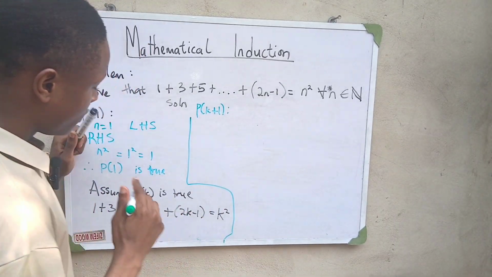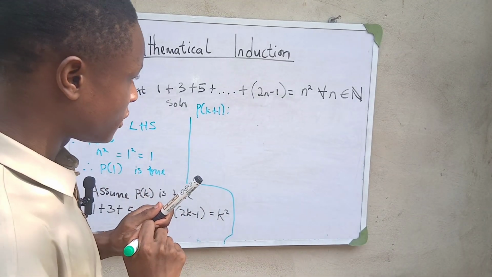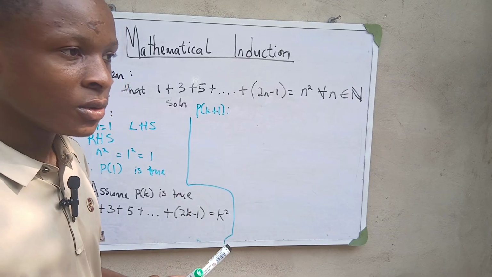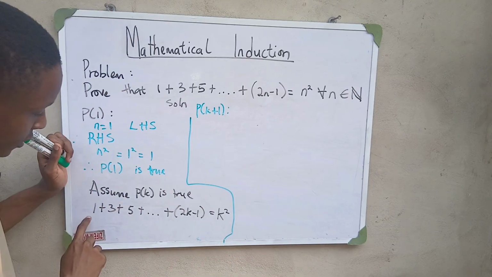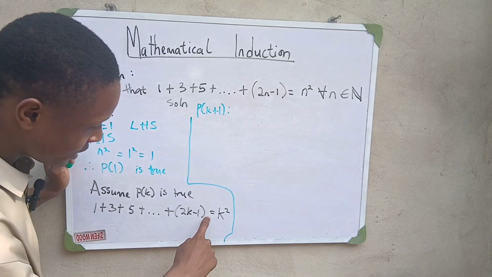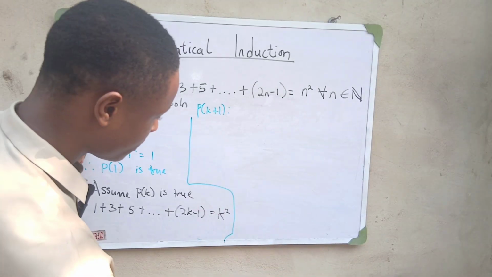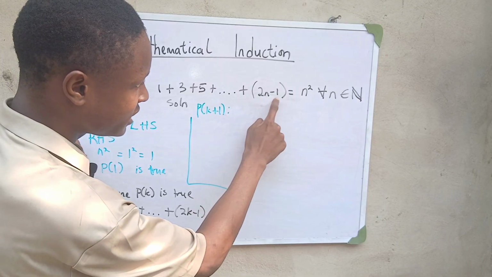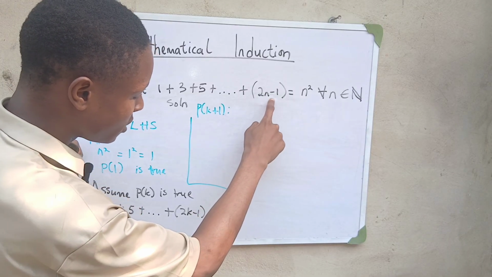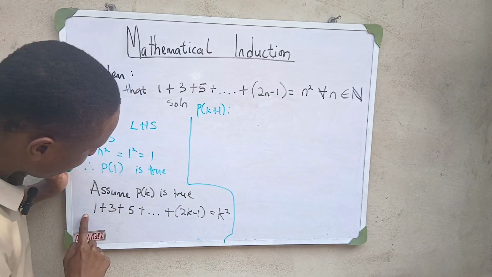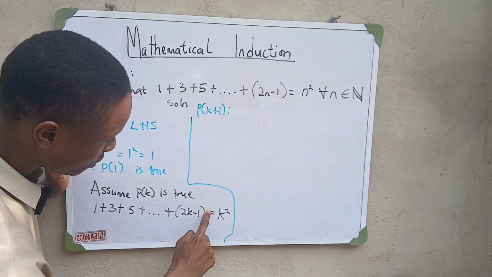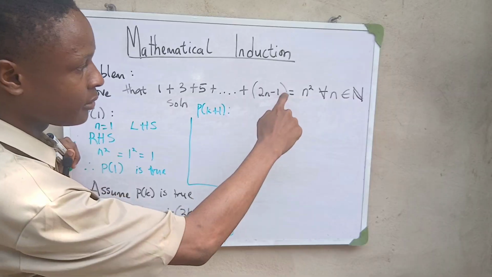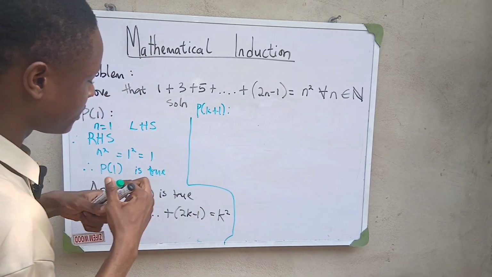Now, for P of k plus 1, after k is k plus 1. So what we are just going to do is put this 1 and add k plus 1. But since this expression is not direct, when we have added this whole one, we are now going to add 2 into k plus 1 minus 1. So I'll show you what I mean.